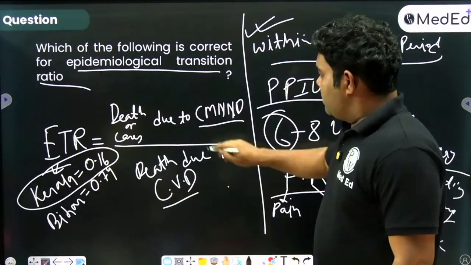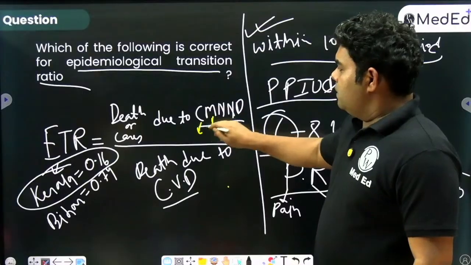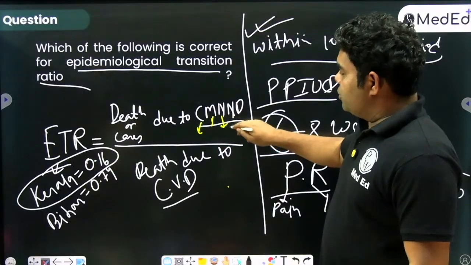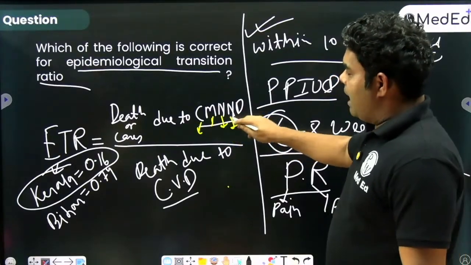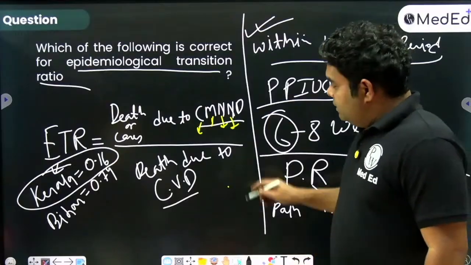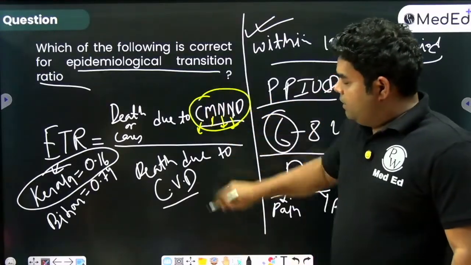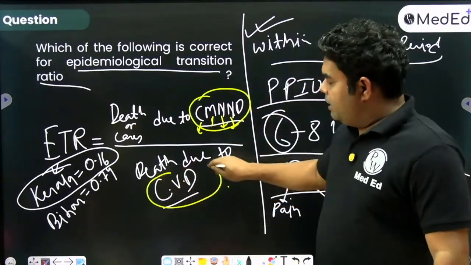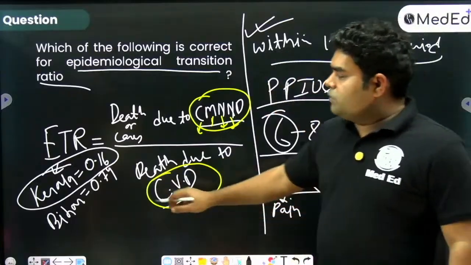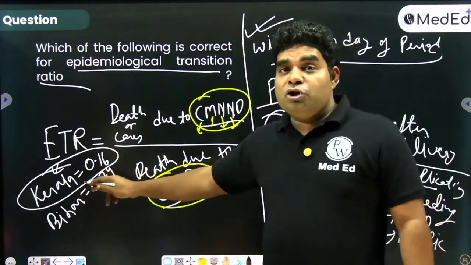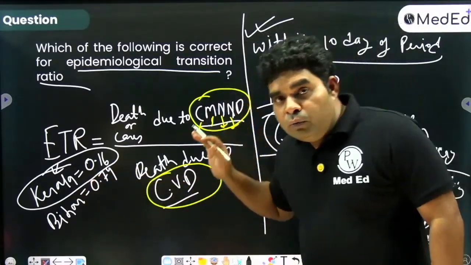Communicable disease, maternal disease, neonatal and nutritional disease. Death due to CMNND we write in the numerator, and cardiovascular disease we write in the denominator. That is why Kerala has 0.16, very low.